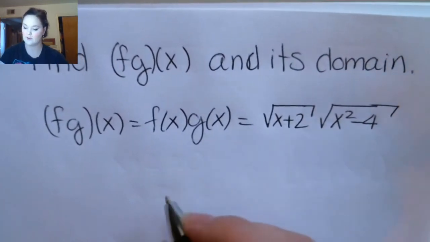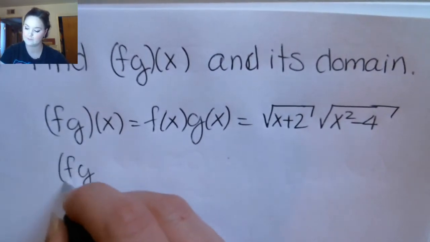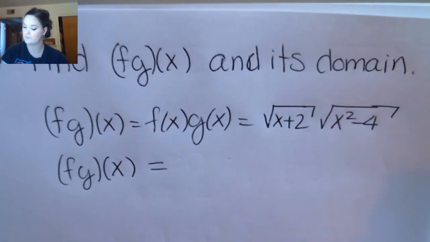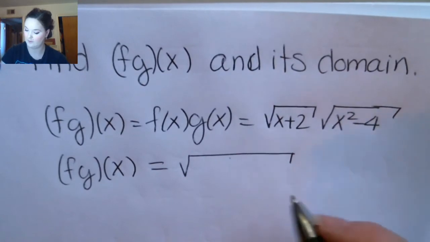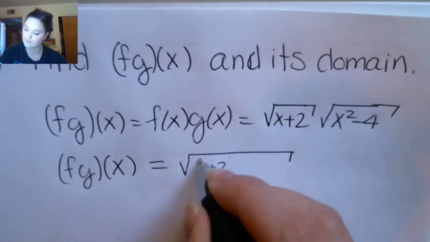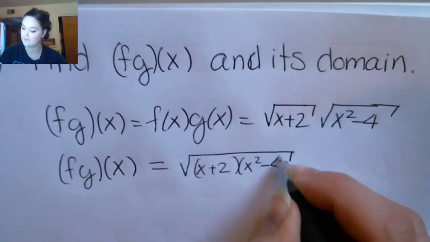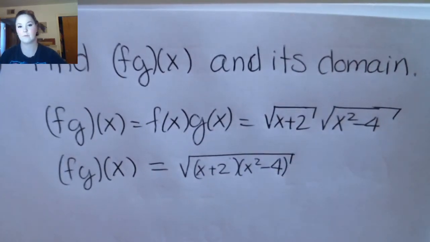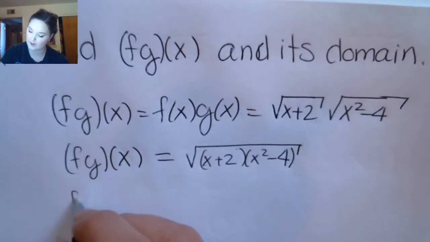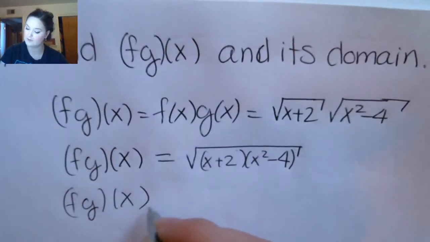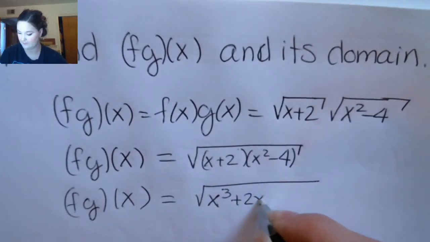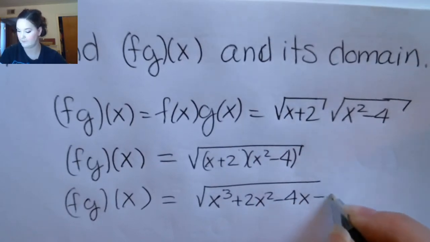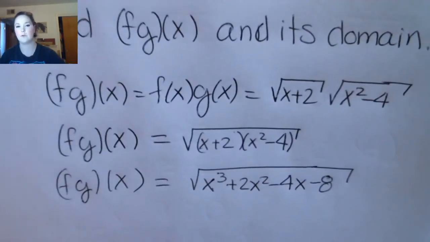So you can simplify this. And that would be my simplified f times g.